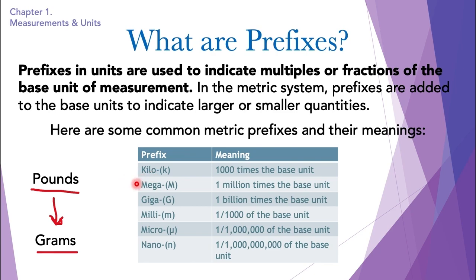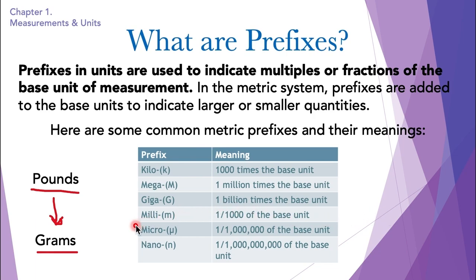In the same way, we can make a base unit smaller using these three prefixes. Milli, for example, if I put this prefix, it would mean 1,000th of the base unit. What 1,000th of the base unit means is that if I divide 1 meter into 1,000 parts, that 1,000th part of the meter would be called a millimeter.